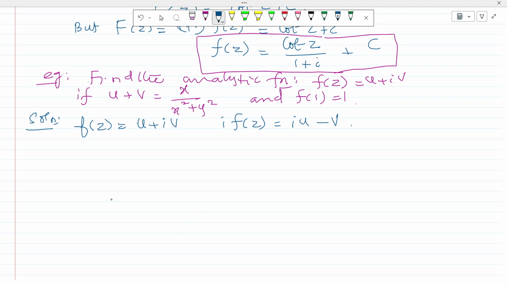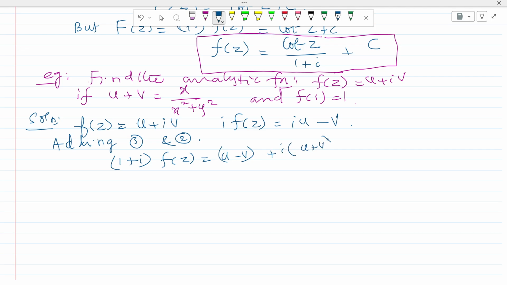If you add these two equations, 1 and 2, we get 1 plus i into f of z equals u minus v plus i into u plus v.